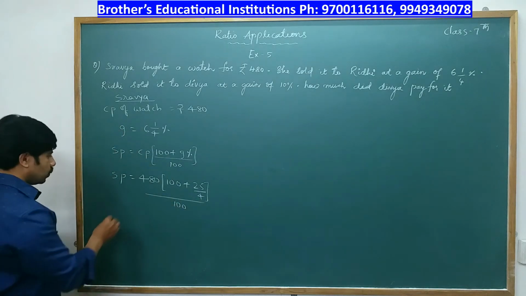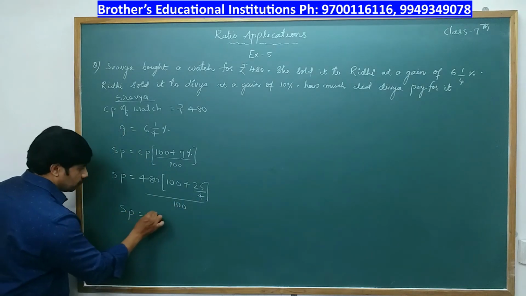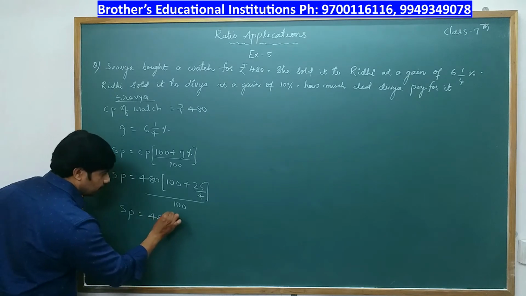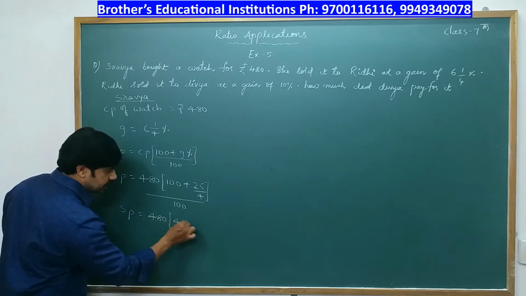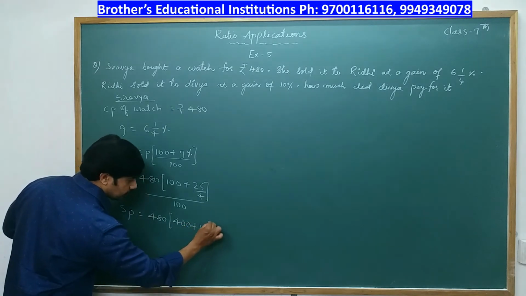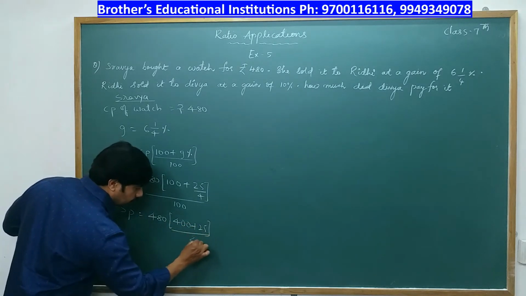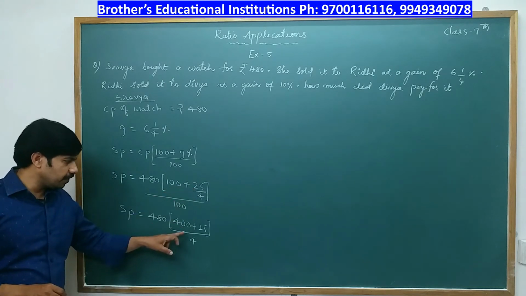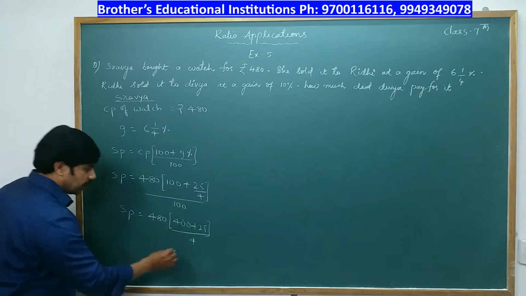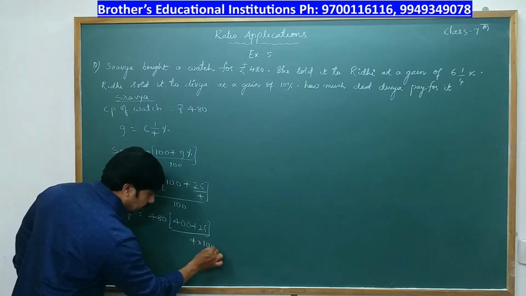So selling price is equal to 480 into, we will take LCM, right? LCM is 4 by 4. So 400 plus 25 by 4, and this 100 as it is in the denominator.